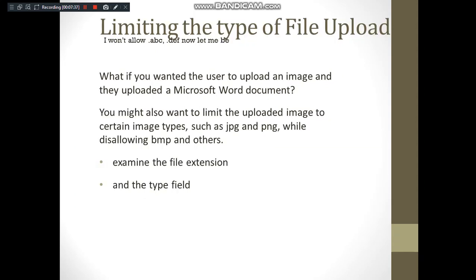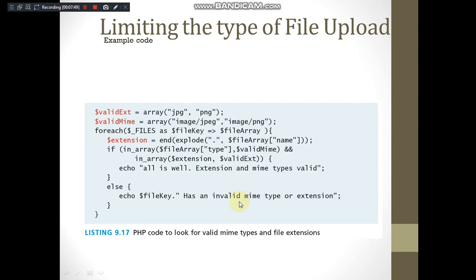Limiting the type of file upload: you can also have a limitation on the file extension along with the size. So let's see how we can do that. The valid extension is a variable that we have taken, an array with JPG and PNG that you are allowing. Valid MIME type: you are allowing image as JPG or image as PNG.